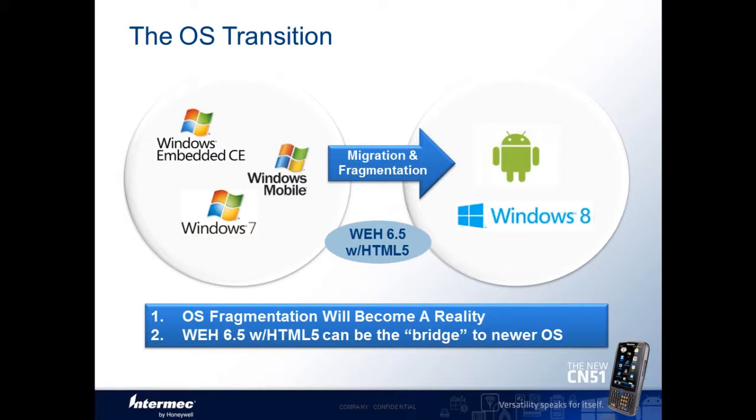I'm going to start out by talking about operating systems because that's been a top-of-mind topic for most of our customers for the past couple of years. As a result, it's been the central theme with the planning and the design of the CN51. As you know, most of the current rugged handheld computers are running Windows Mobile or Windows Embedded Handheld. But Microsoft has recently announced they're phasing out support for these OSs over time.